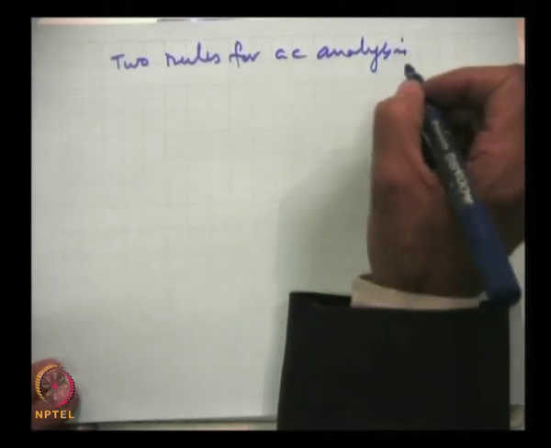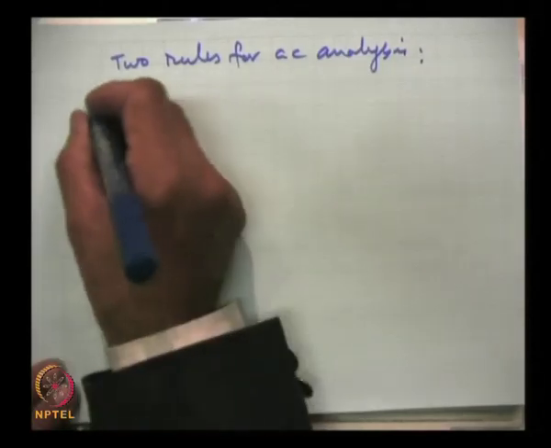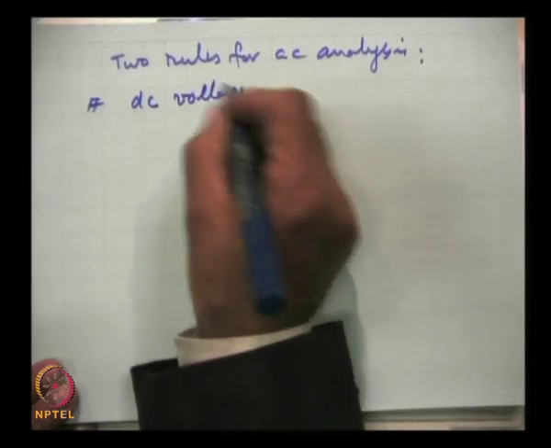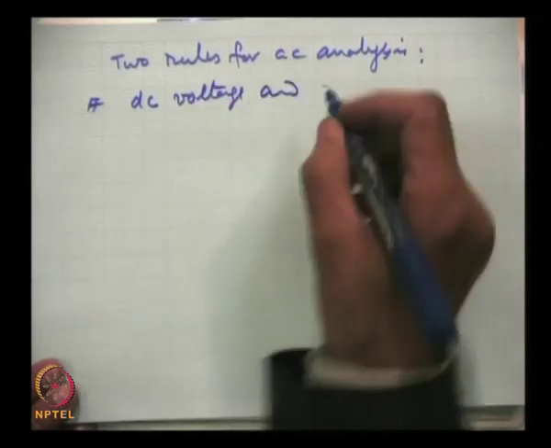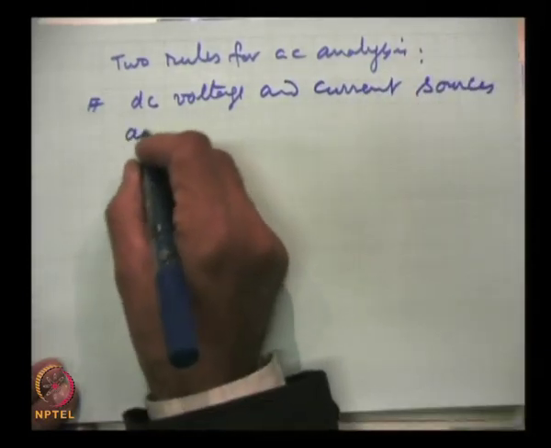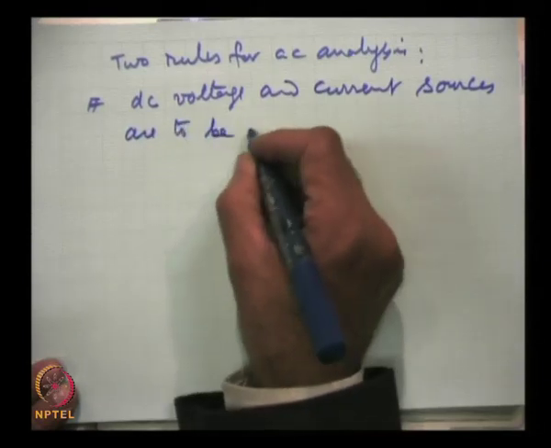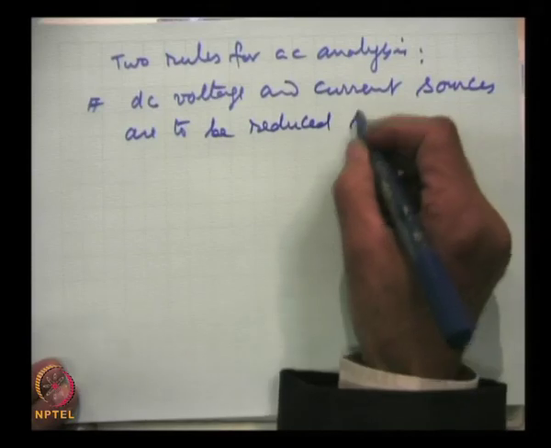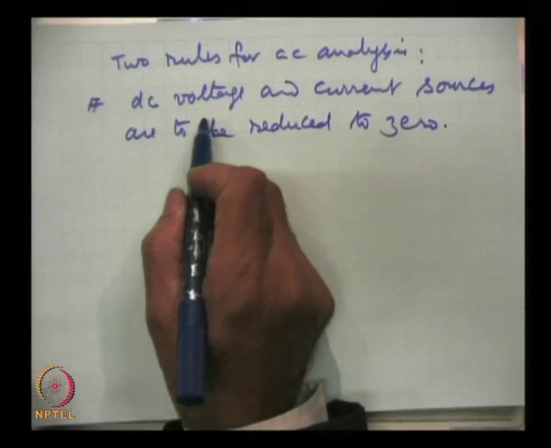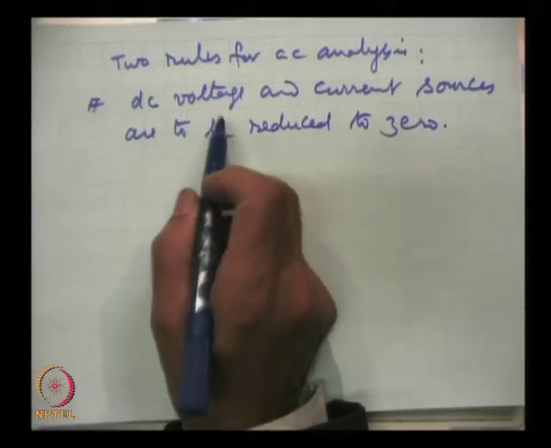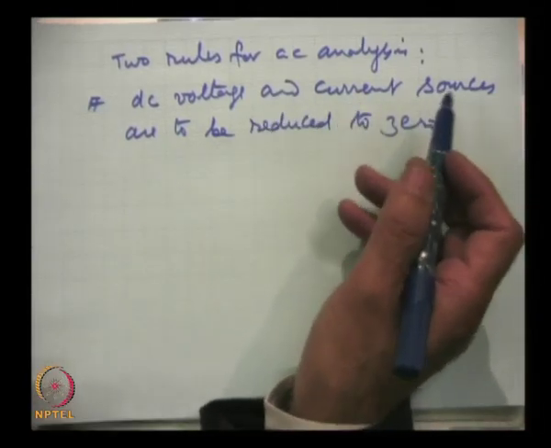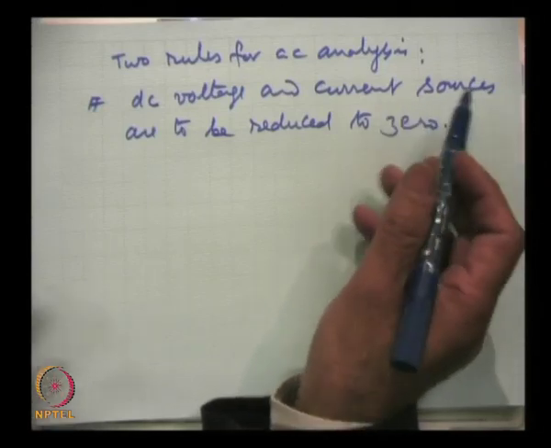The one is that DC voltage and current sources are to be reduced to 0. That means, when we are conducting AC analysis, the DC voltage source is to be grounded, and the current source, reduced to 0, is to be open circuited.